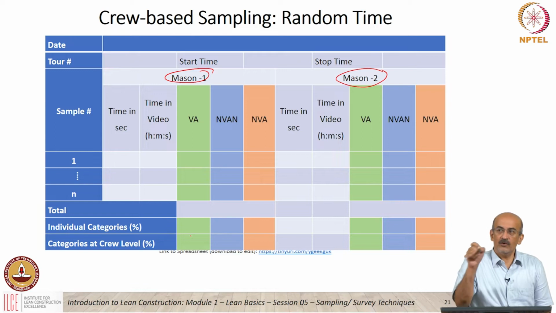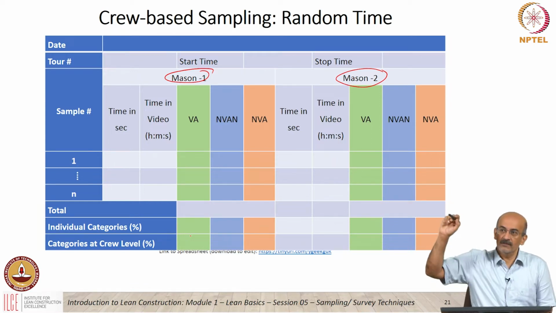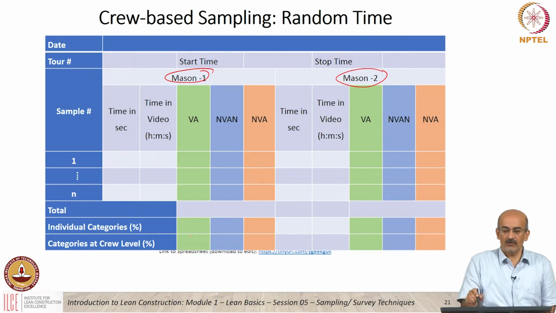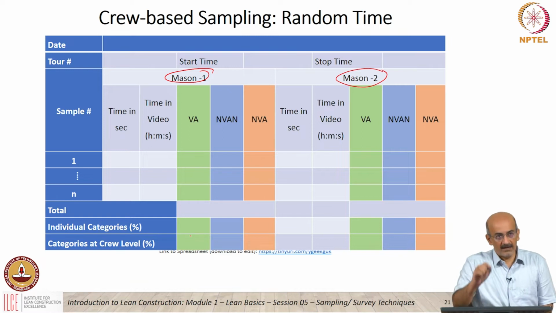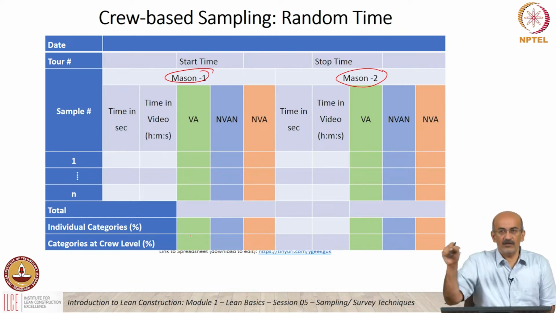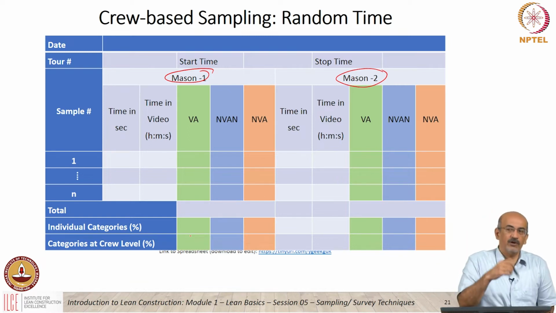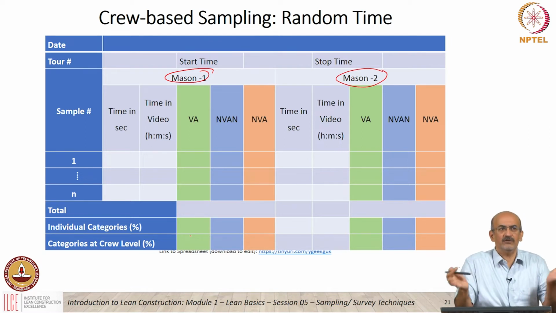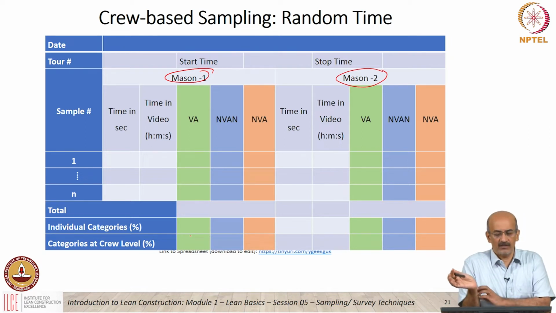So let me say you are looking at block masonry across multiple floors. I might not say mason 1, mason 2, I might say mason, helper, and then what is the mason doing, what is the helper doing, I might put location. I can modify, it depends on the variations that can be there, that is what I am suggesting.